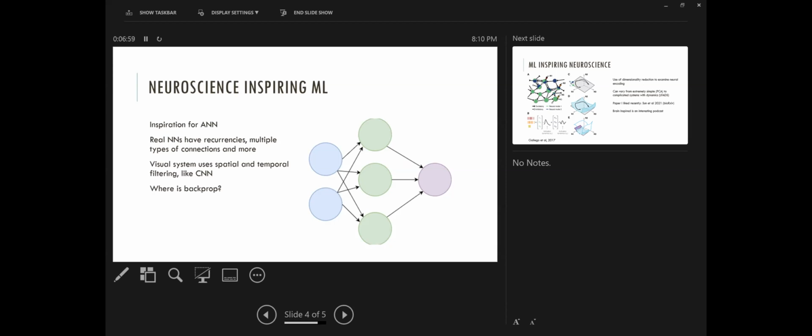And then a lot of the visual processing system does those same levels of filtering that a convolutional neural network does. However, there are a lot of differences. So for example, when you're training a multi-layer artificial neural network, you've got backpropagation. But we are yet to identify a mechanism in the brain that could be anything like backpropagation. So that's one way that it diverges.